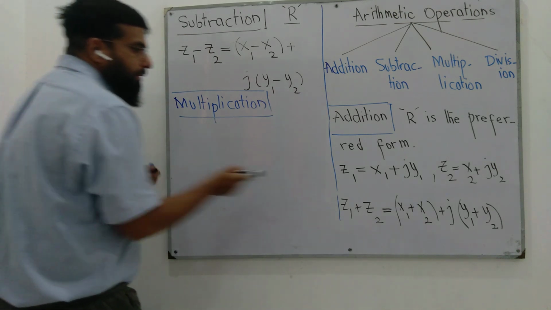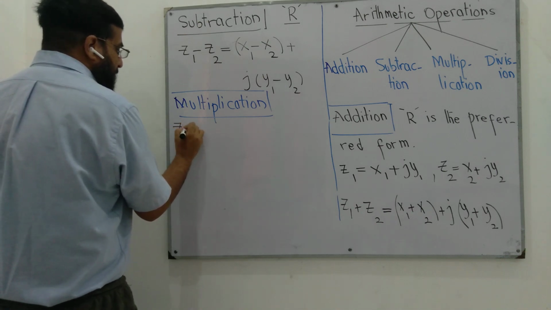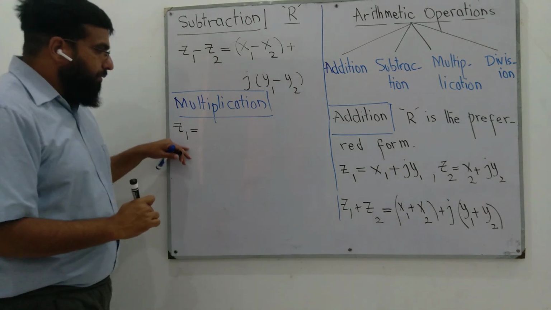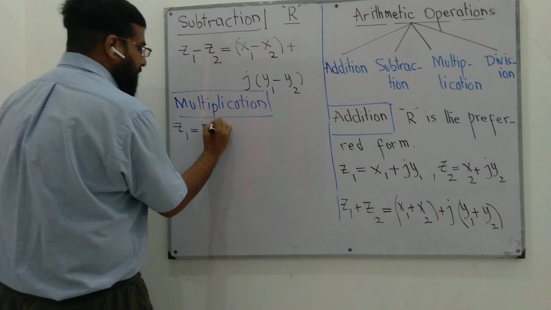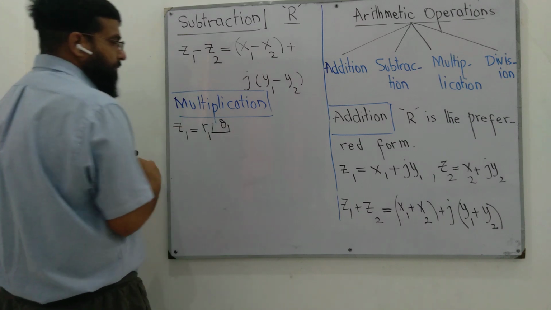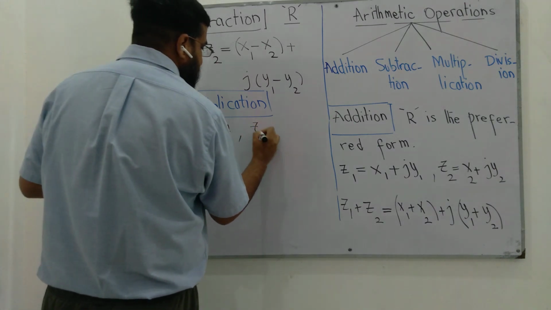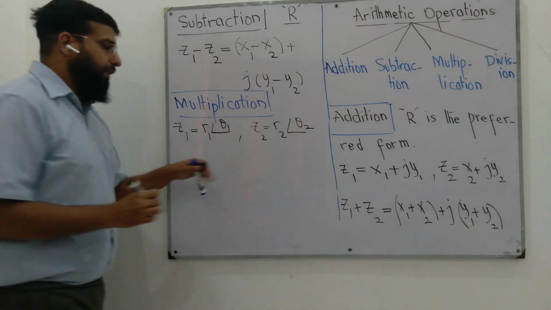The same two numbers z1 and z2, if we want to multiply them together, we have to have them in their polar form. The polar form can be r1 at an angle of theta1 for the first number, and r2 at an angle of theta2 for the second number.